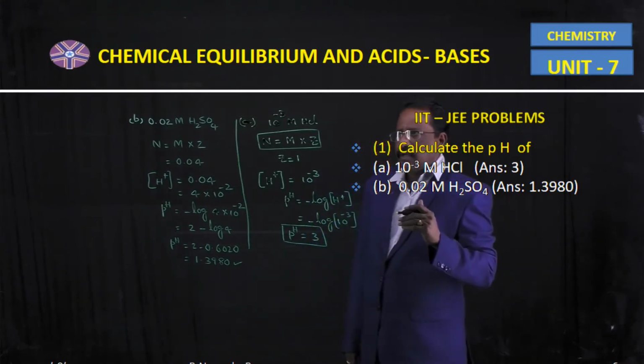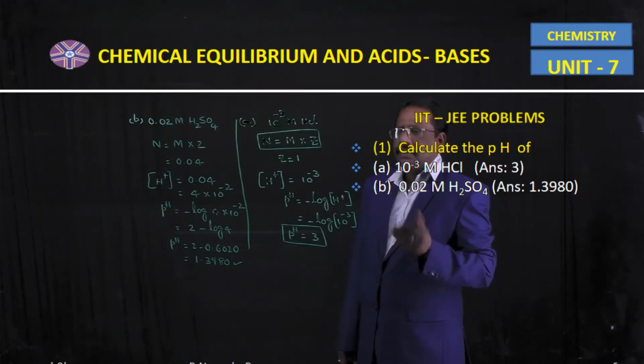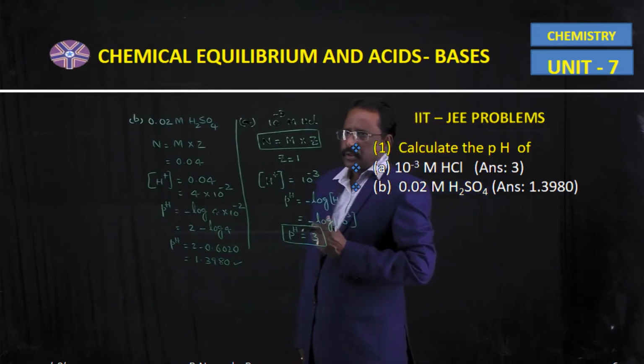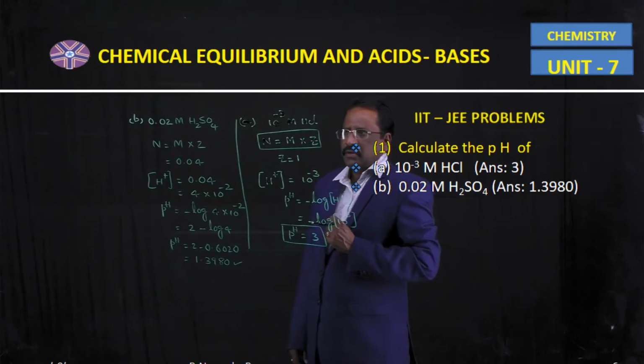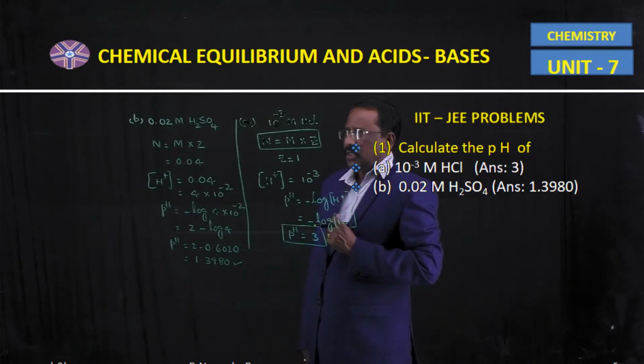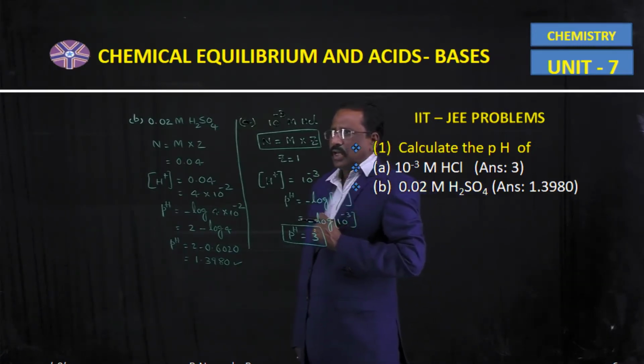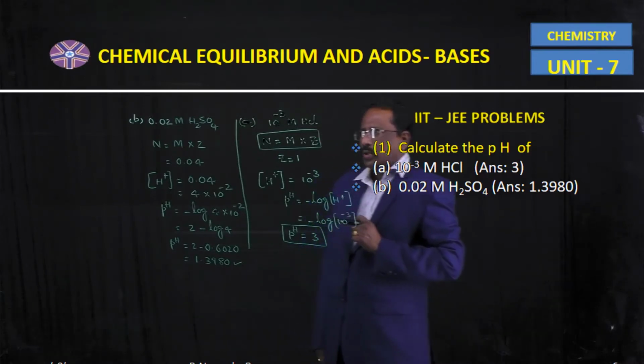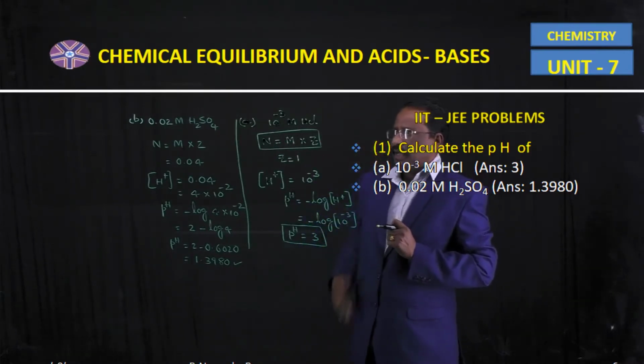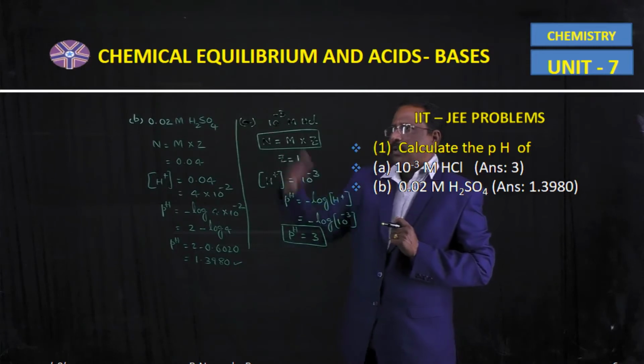For the given basic solution, Z is nothing but its acidity. So for HCl, the value of Z is equal to 1. For sulfuric acid, the value of Z is equal to 2. That means the sulfuric acid produces 2 H plus ions.